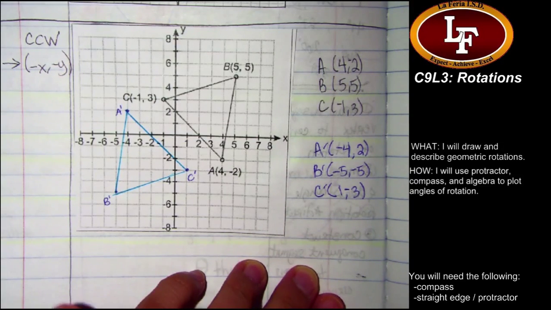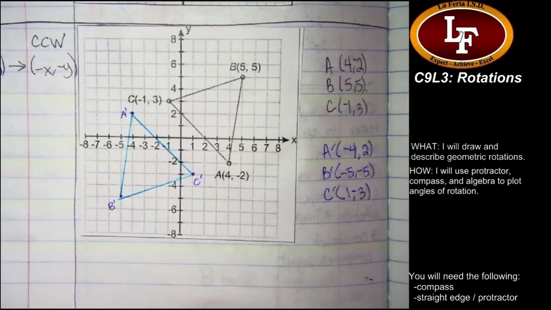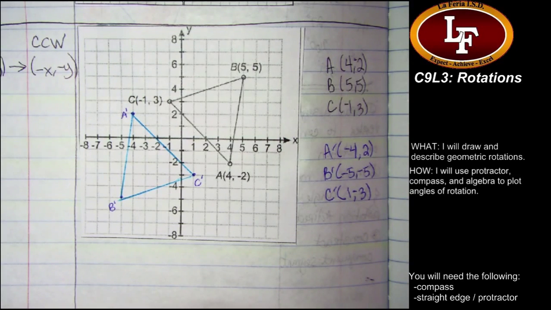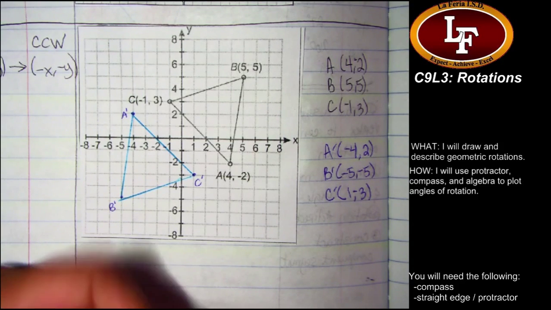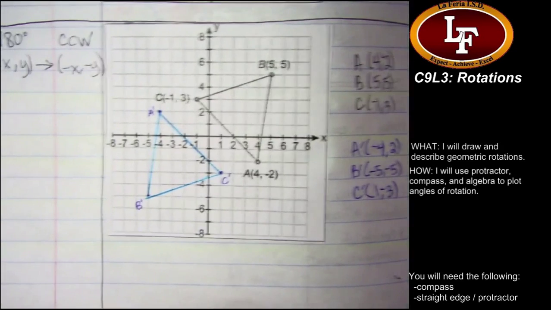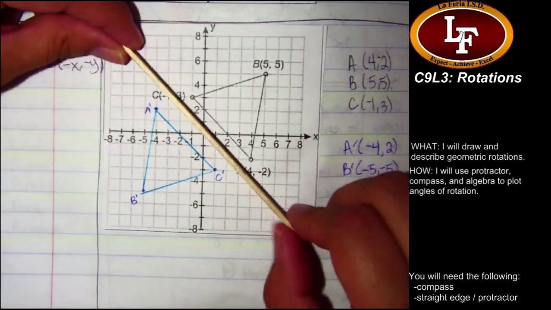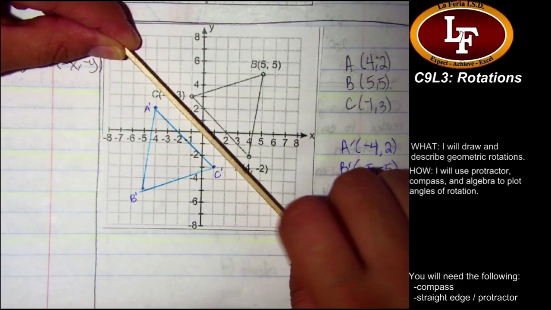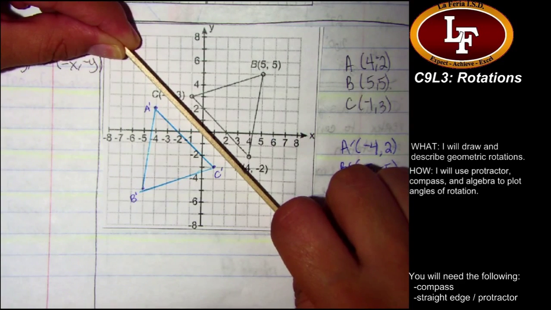Questions on this one? All right, before we move on, one of my classes had asked me when we were doing reflections, couldn't I get a reflection from just rotating it 180 degrees? My answer at the time was, I'm not really sure, let's wait till we do rotations and check. So now that we've done the 180 degree rotation, if I put my popsicle stick here between them, equidistant, does it look like a reflection?